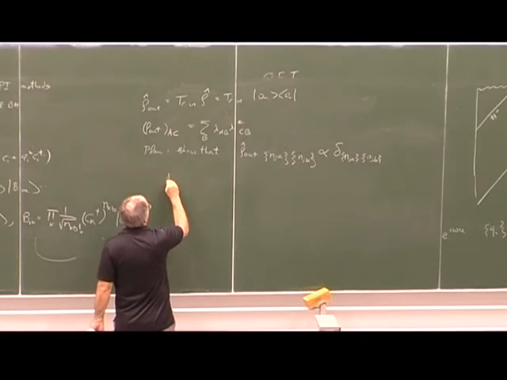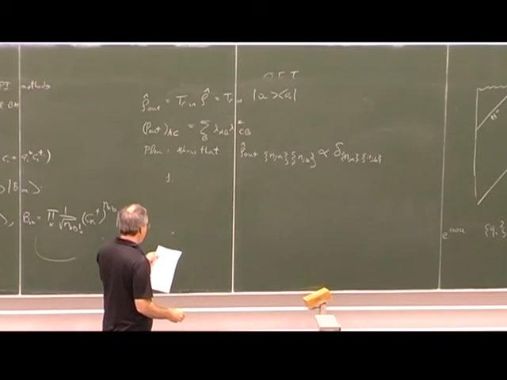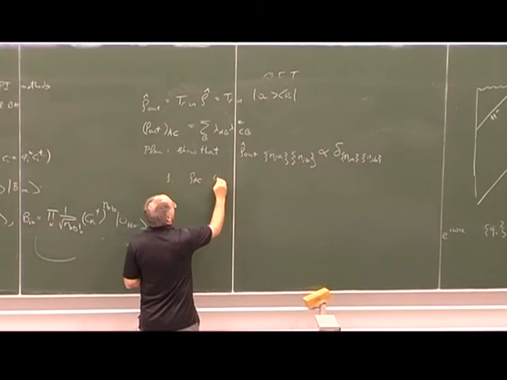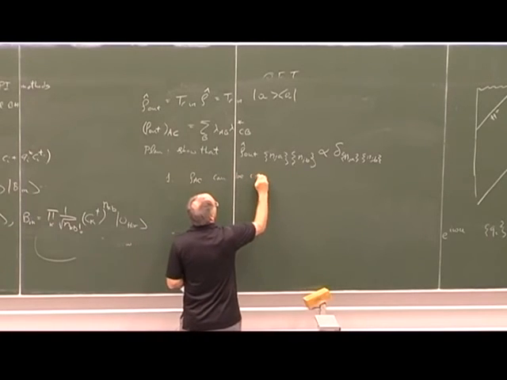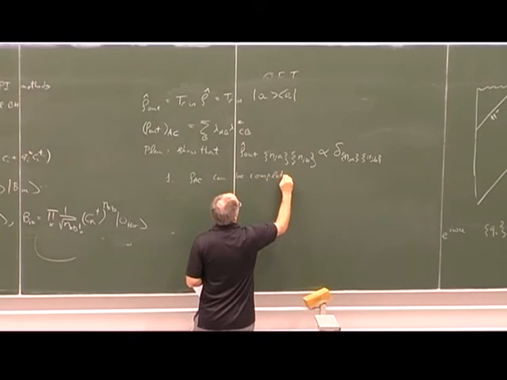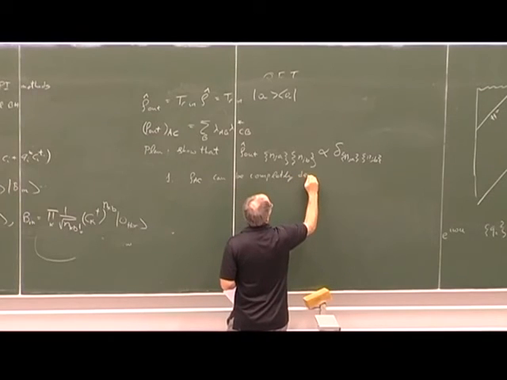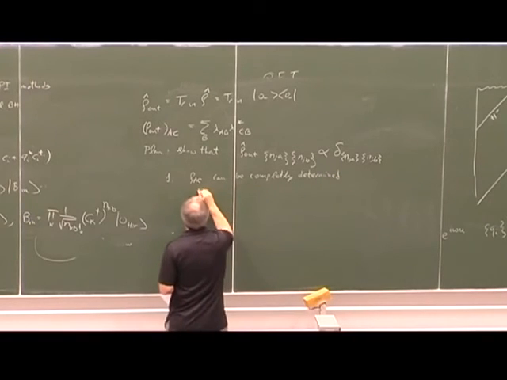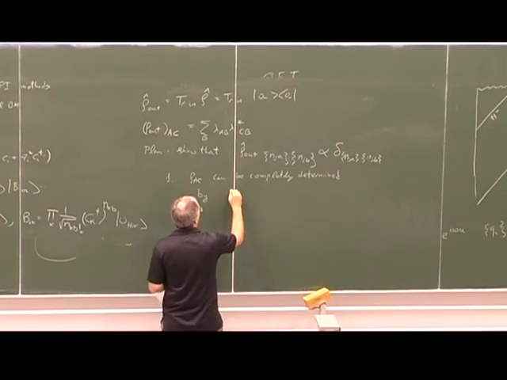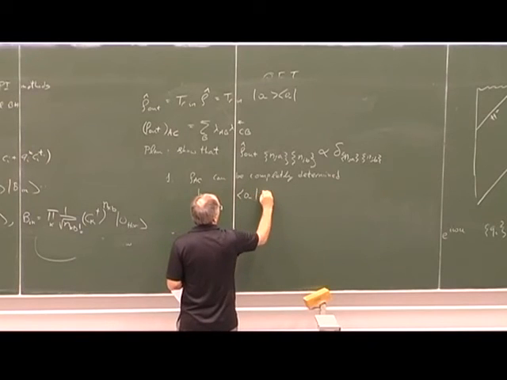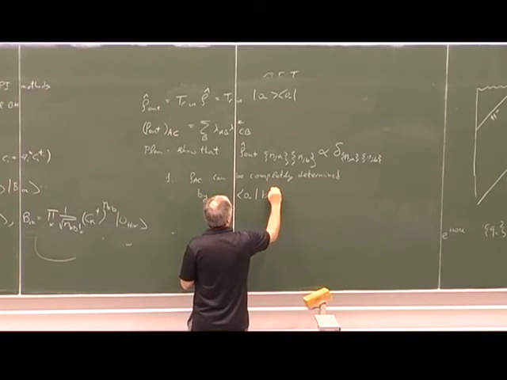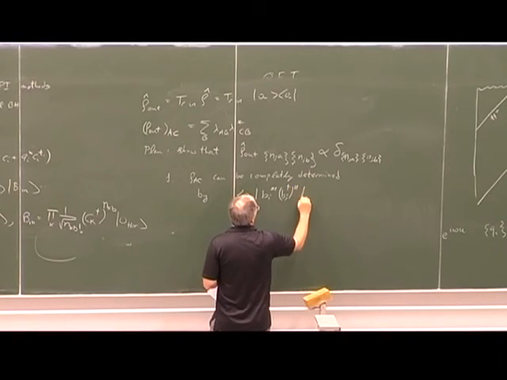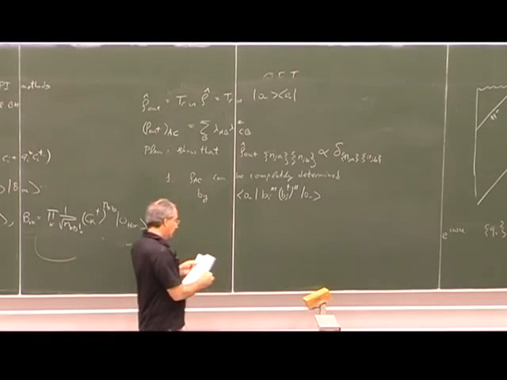So the first point is that rho C can be completely determined by expectation values of the form <0-| B_i^m B_j dagger^n |0->.